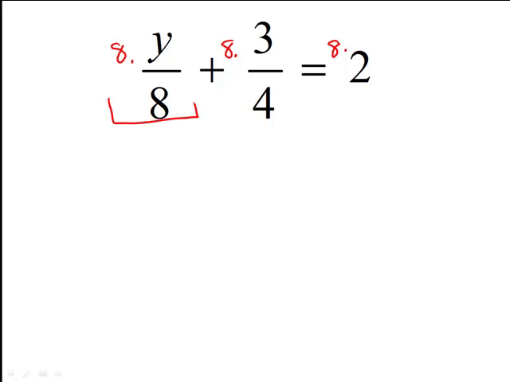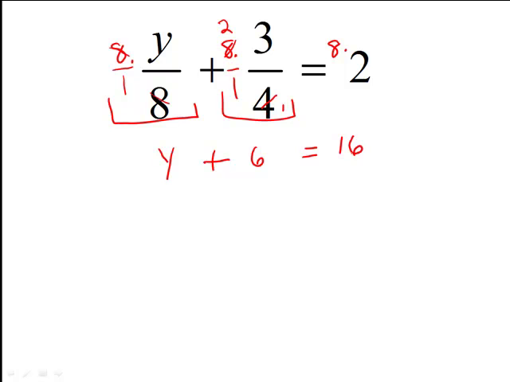Then we'll simplify each step. Remember, this was an 8 over 1, and your 8s will divide out to leave us just y. For this next group, 4 will go into 4 once and into 8 2 times. 2 times 3 is 6. And here 8 times 2 is 16.